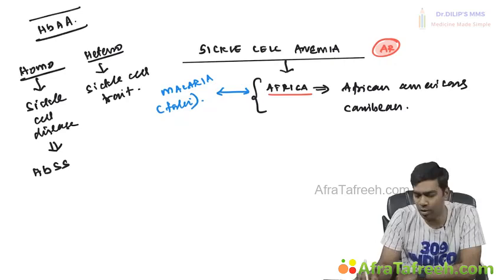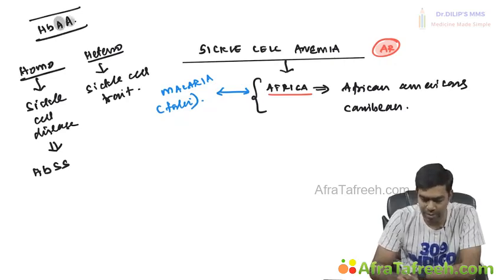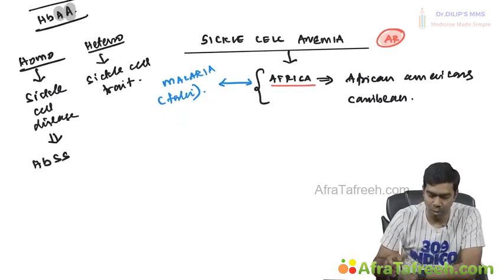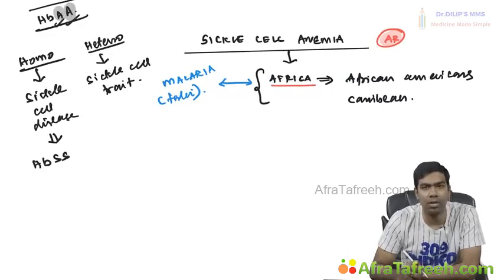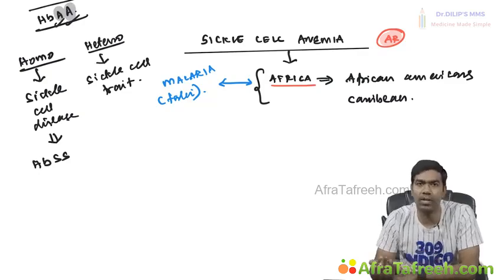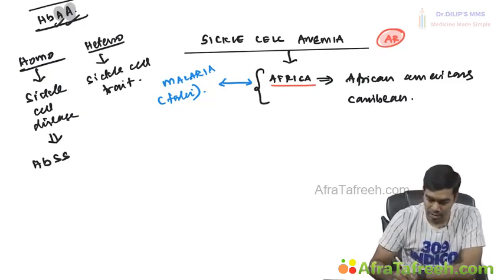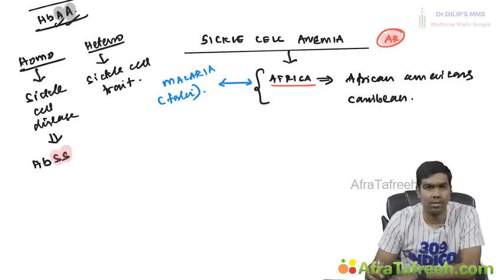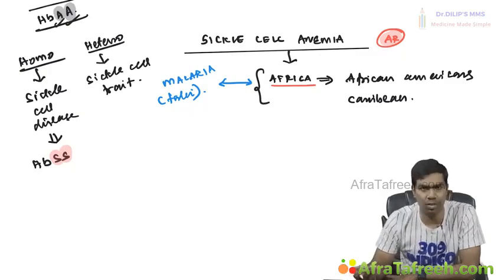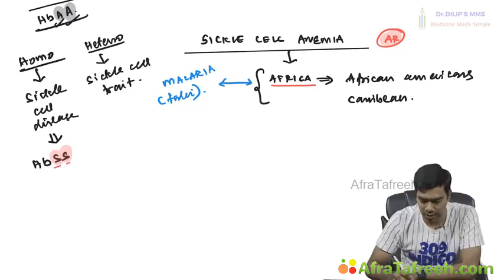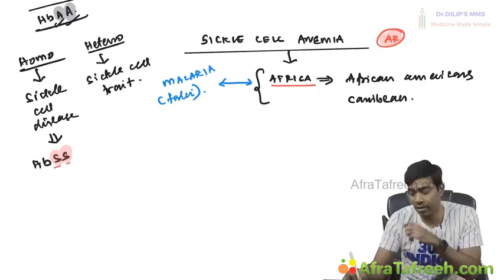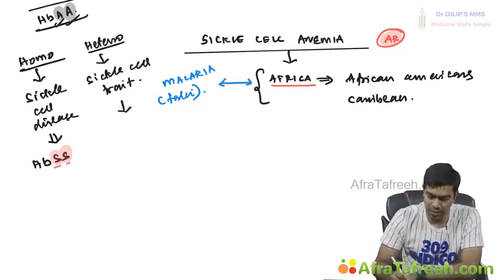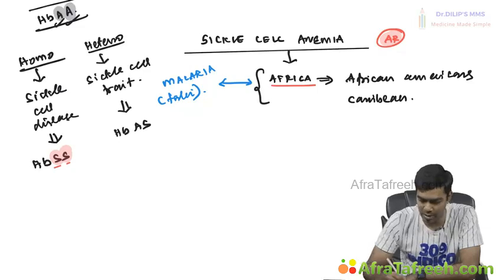So this is normal because both should be HbA. If both normal adult hemoglobins are completely replaced with sickle hemoglobins, the ones that have the sickle mutation, then we call it sickle cell disease. Suppose only one is affected, for example HbAS, which means one gene is normal and the other is affected by the sickle mutation, we call it heterozygous.